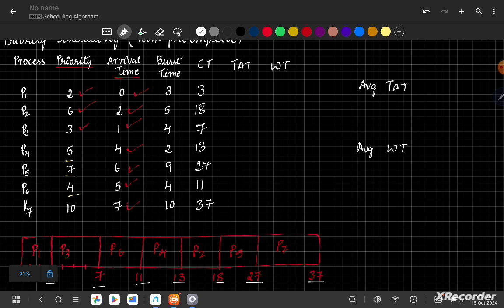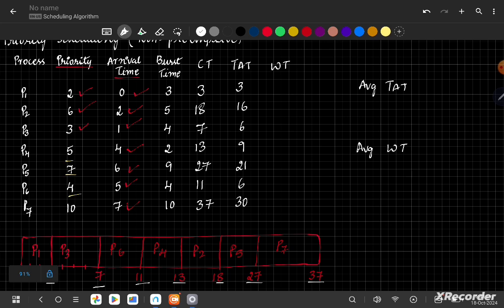And for turnaround time, the formula is CT minus arrival time. So 3 minus 0 is 3, 18 minus 2 is 16, 7 minus 1 is 6, 13 minus 4 will be 9, 27 minus 6 is 21, 11 minus 5 is 6, 37 minus 7 will be 30.